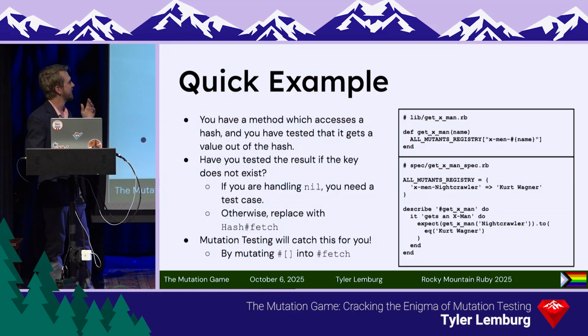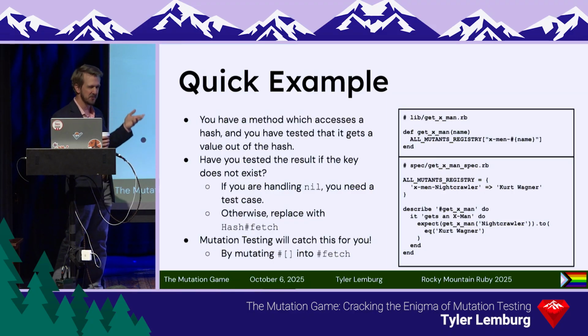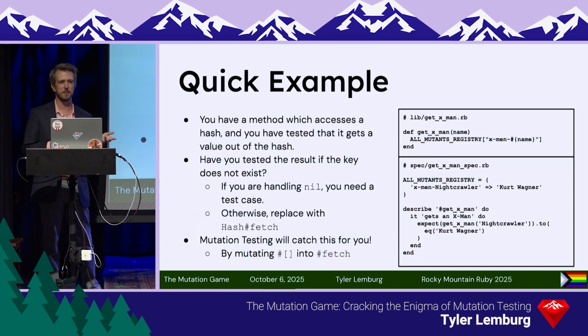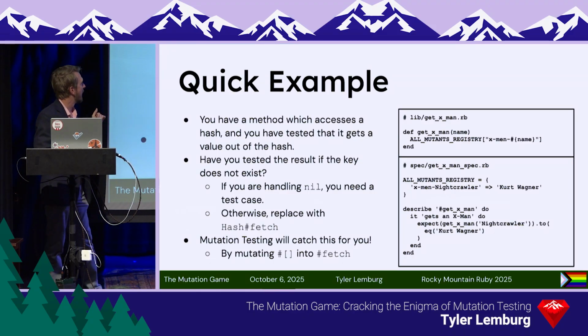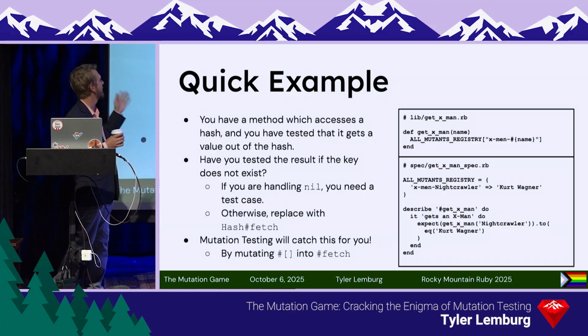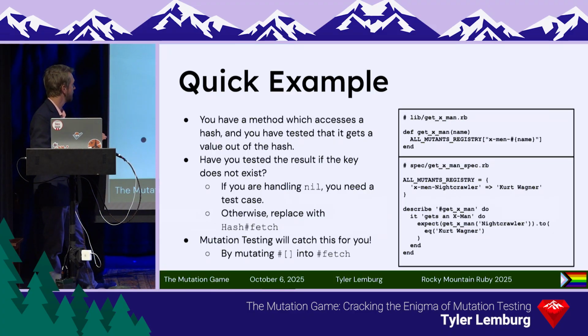All right, so what's the next step? Now mutation testing on this code is going to change up the code. For example, in this case, and this is probably the most common case that mutation testing finds, I'm accessing this hash with the brackets operator, but I'm not checking whether I don't have that mutant in the registry. So if I'm handling nil, I need to have a test case for that.